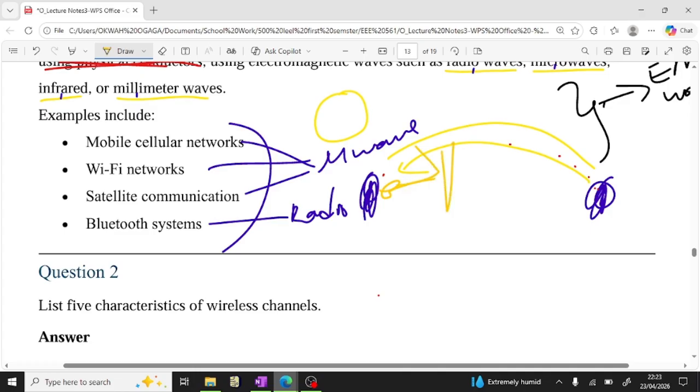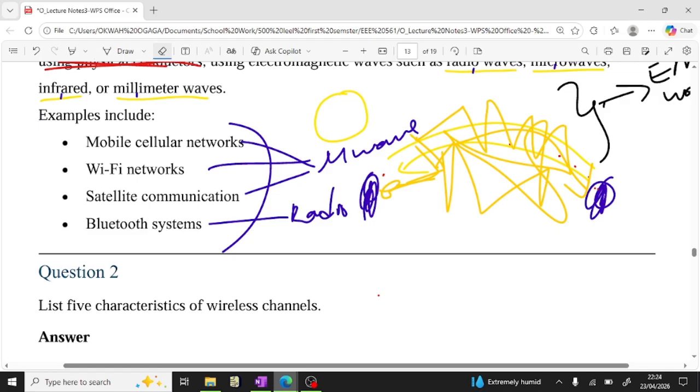If there is a wall here, the signal will reflect off the wall. So the signal can reflect on different things before it gets to the final destination. Okay, I hope you understand what that means. The signal can do what? Reflect. Since the channel is wireless, the signal can reflect off different points before getting to the destination.